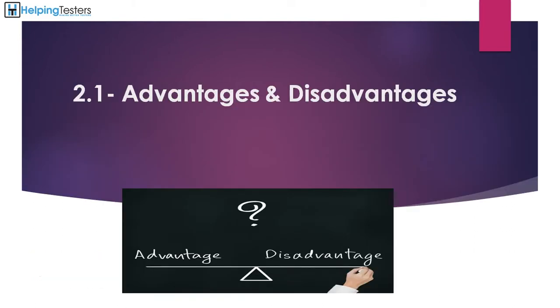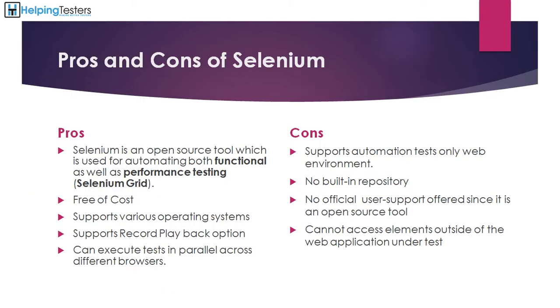And what are the advantages and disadvantages of Selenium? So far we have seen only the advantages. As I told you, this is used for web application testing, and there's one more product from Selenium called Selenium Grid, which is actually useful even for web application performance testing.